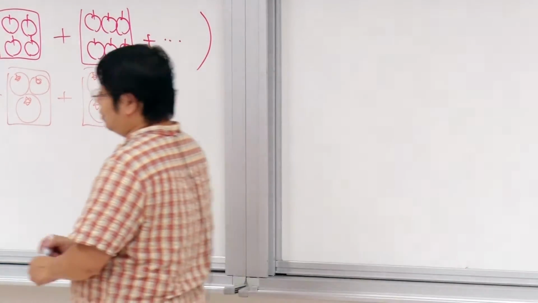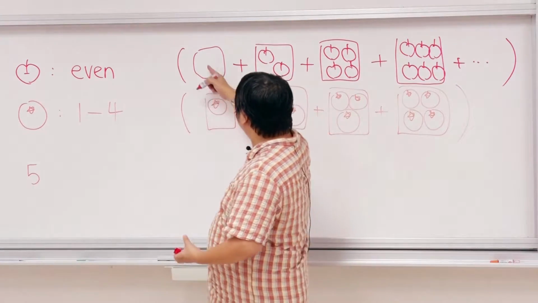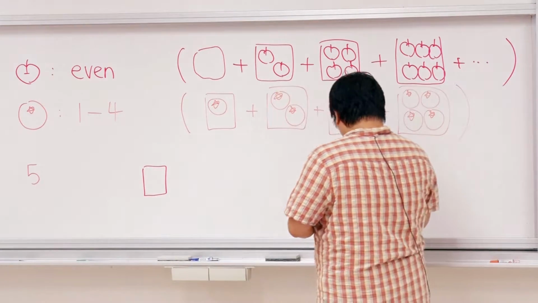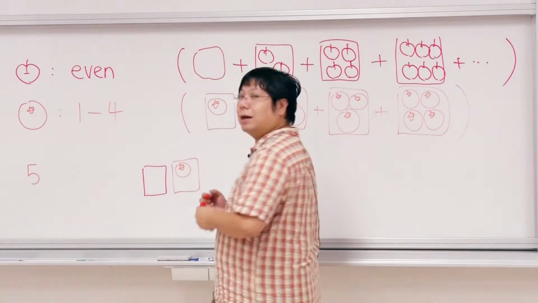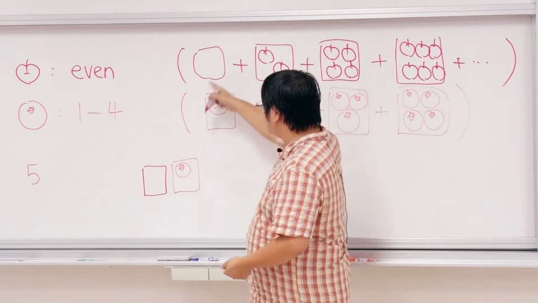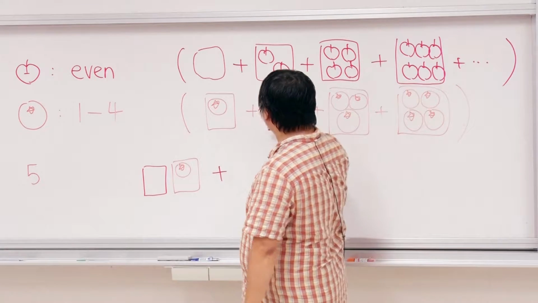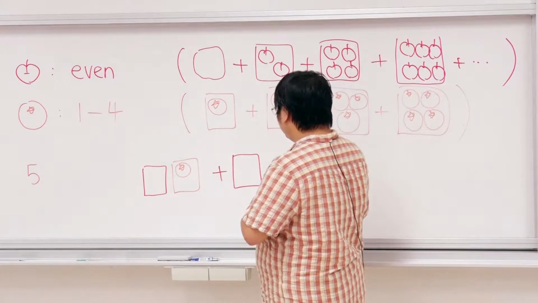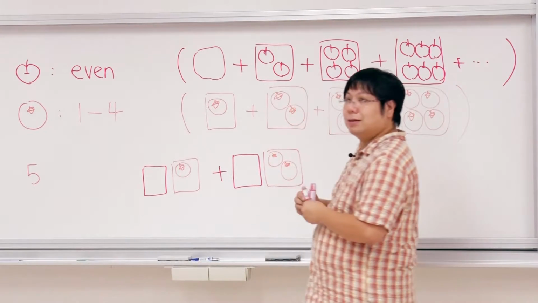So how do we multiply? Well, just use our notation. This one multiplied with this one, so I will have a term like no apple with 1 orange. Then plus this one multiplied with this one, so we have no apple and 2 oranges.